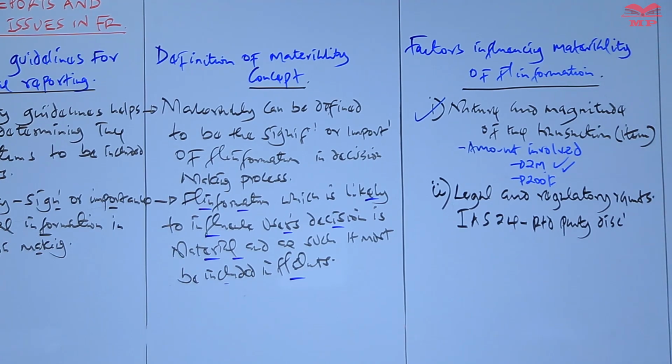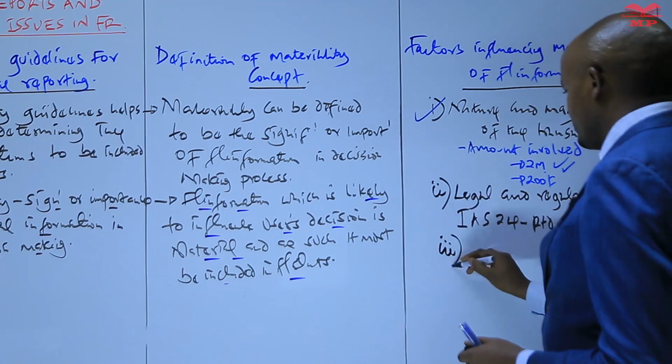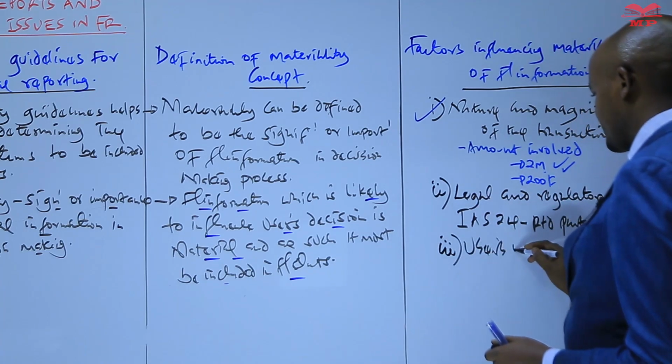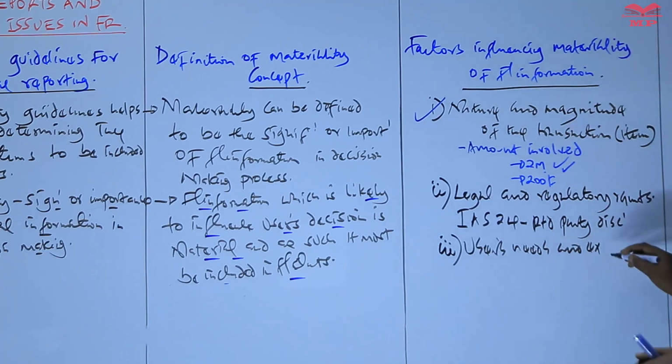Now, the other factor which determines whether an item is material or not is what we refer to as the user's needs and expectations. When we talk about the user's needs, we are talking about what the users of the financial statements are interested in.